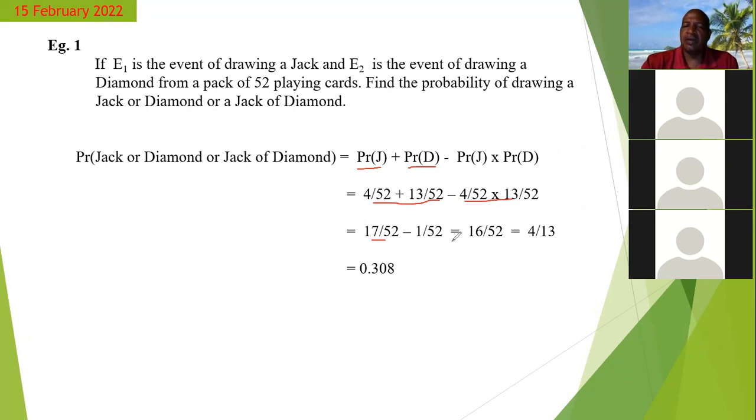If we cancel it down, somebody can probably quickly work it with their calculator. So we would have 4 over 52 times 13 over 52.